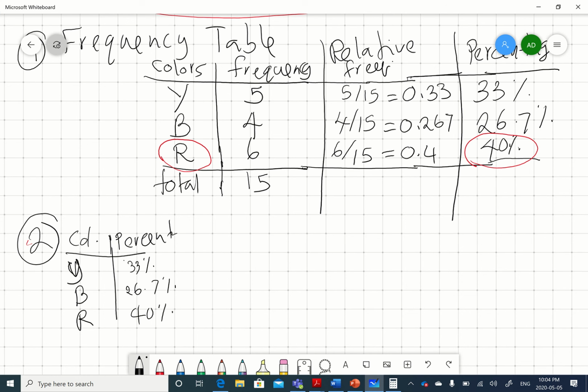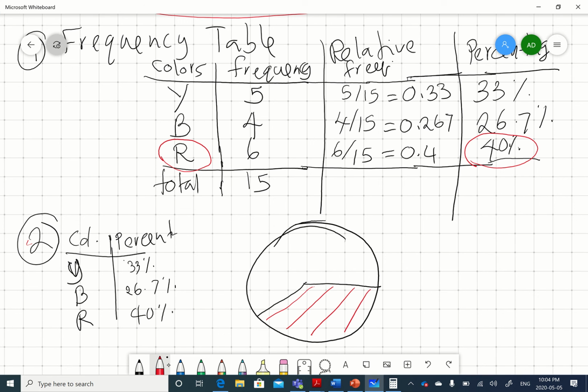Okay, so the idea of a pie chart is very simple. You just draw a pie, and my drawings are awful. Just assume that this is a nice circle, and you just slice it based on the percentages, right? So the highest portion is for red, 40%. And then we have 33% and 26.7%.